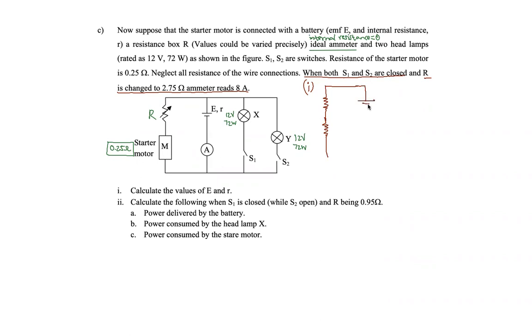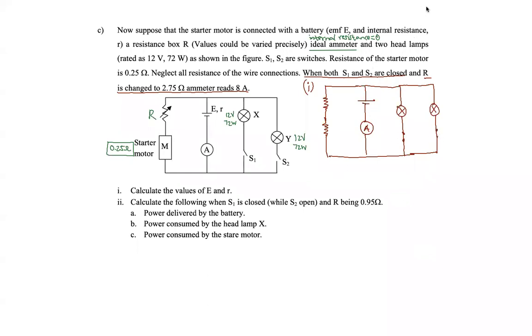the ammeter. I'll put the ammeter because the ammeter reading is provided, and both the switches are on. That means this circuit and this circuit are complete, they are working. Now tell me, what is the voltage required for the proper functioning of the lamps?